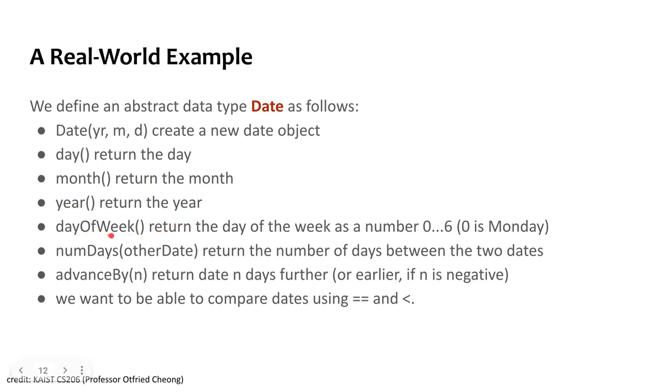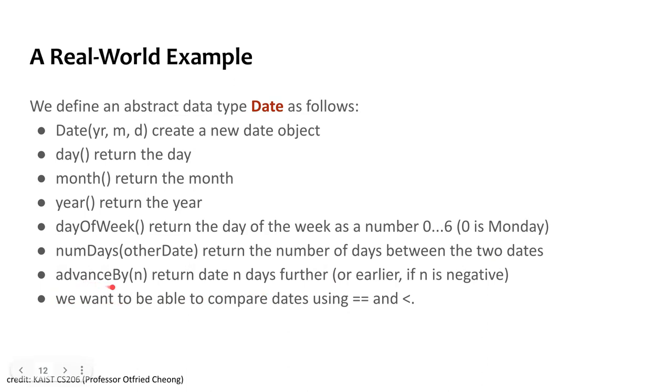And the day of week method returns the day of the week as a number. And 0 represents Monday, and 6 represents Sunday. And numDays receives another date object and returns the number of days between the two dates.